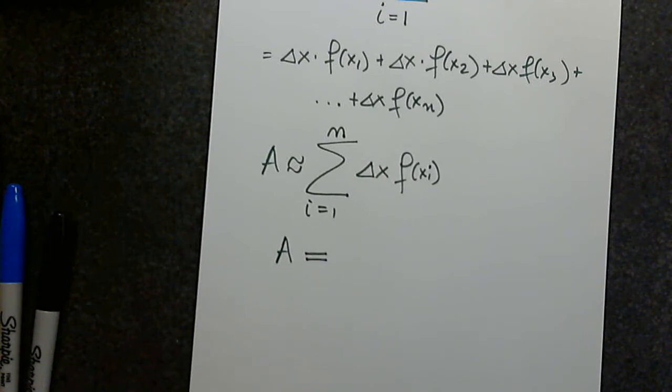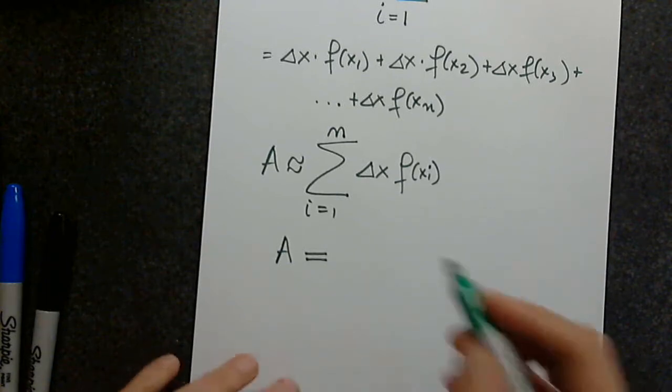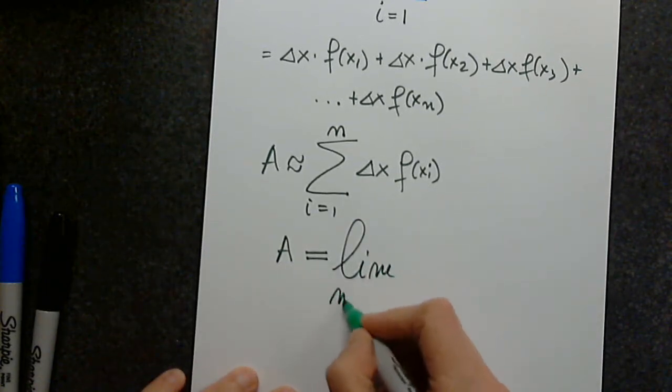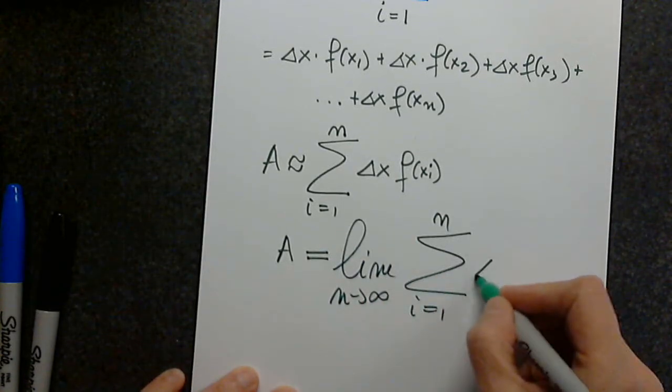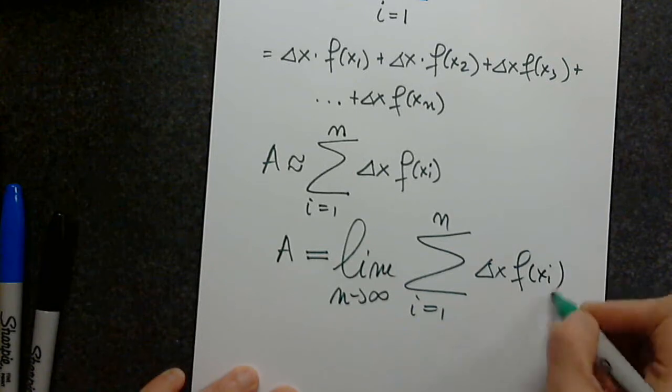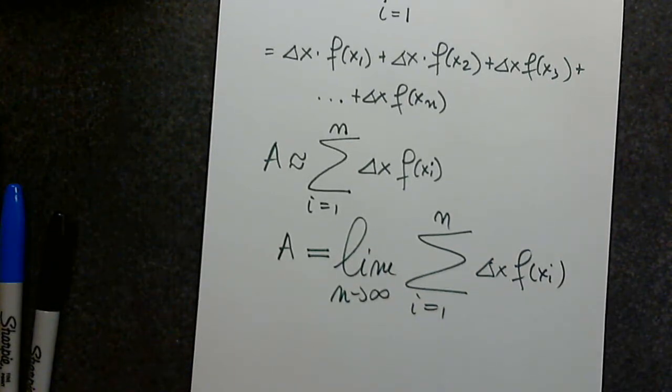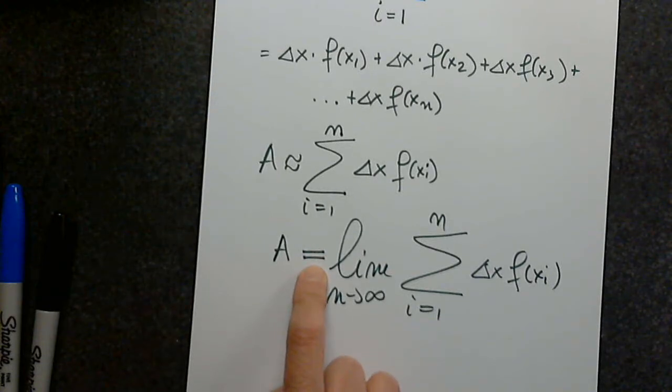I have n, but it's still not enough to make sure that I covered every tiny little piece. Exactly. And now it's guaranteed that this is no longer an approximation symbol. This is guaranteed to be equal.